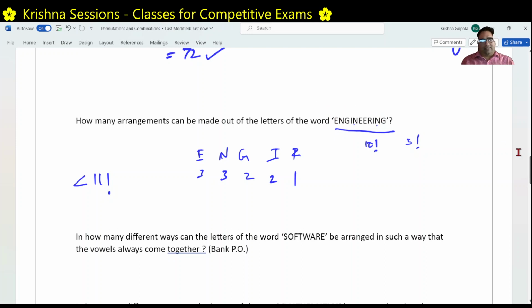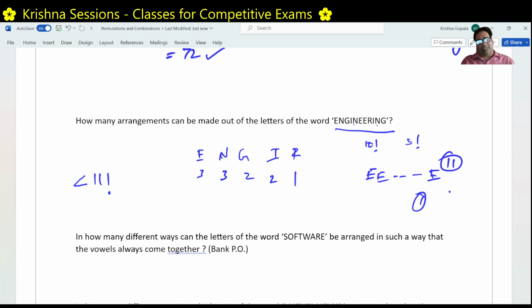So let's think like this. For example, if all letters are the same, E, E, E, E, E, E, like this, there are 11 letters. Then how many ways can you order this? There is only one way, right? You put this E or that E, it doesn't matter.